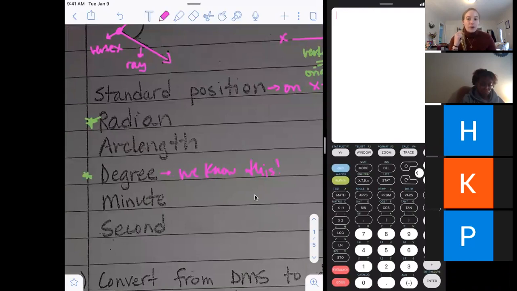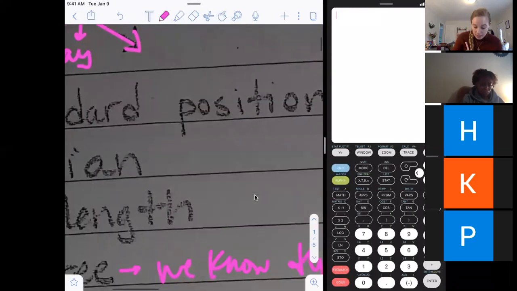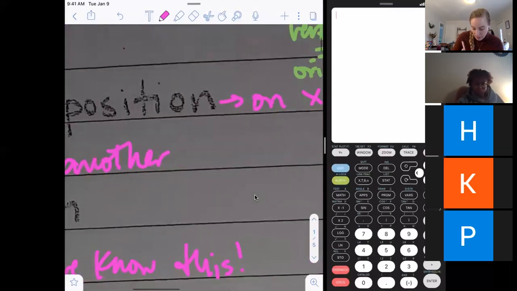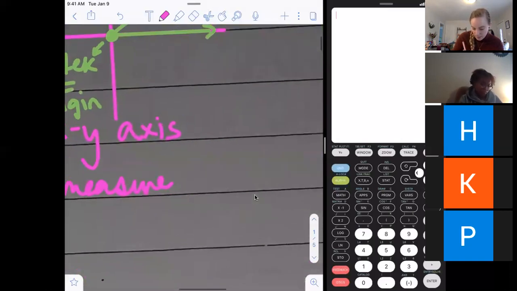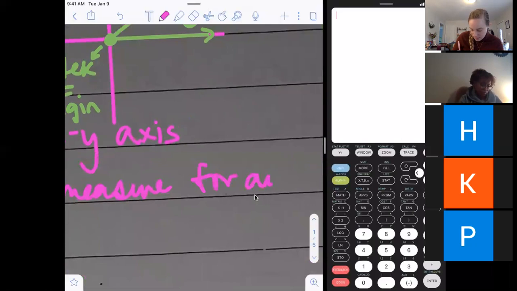Radians are another unit of measure for angles. I'll zoom out so you can actually read this in a second.